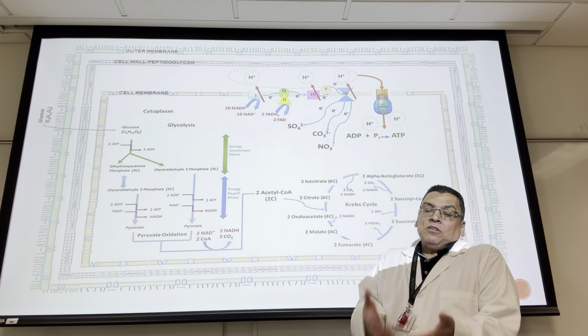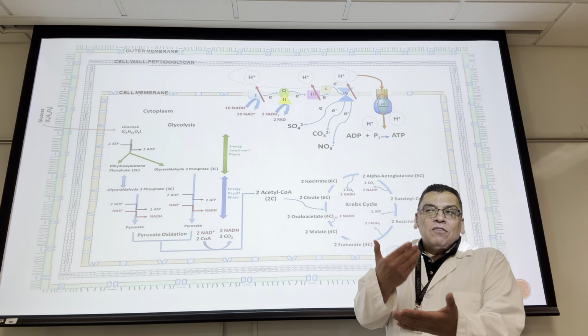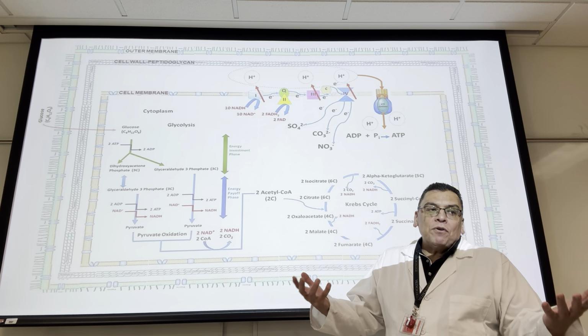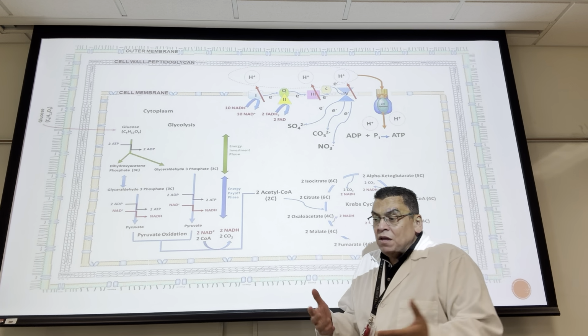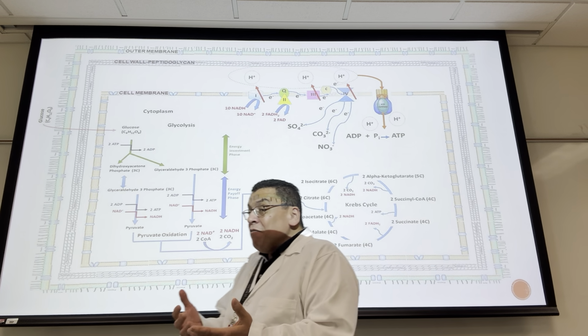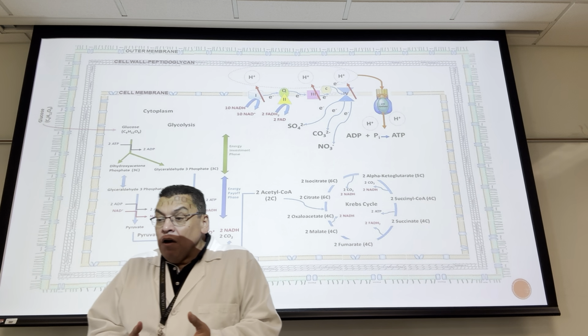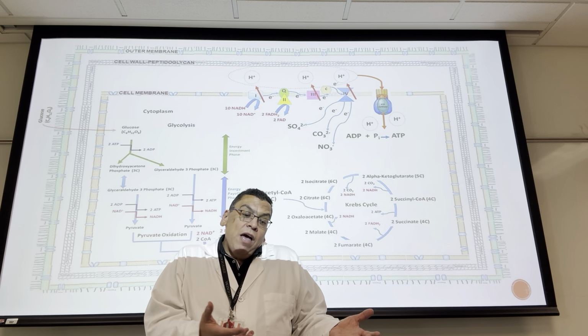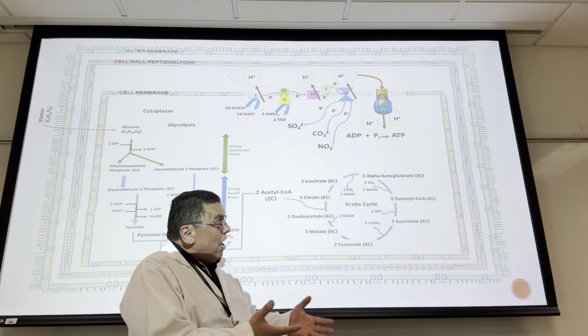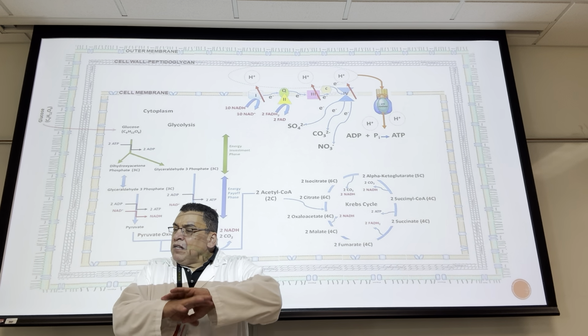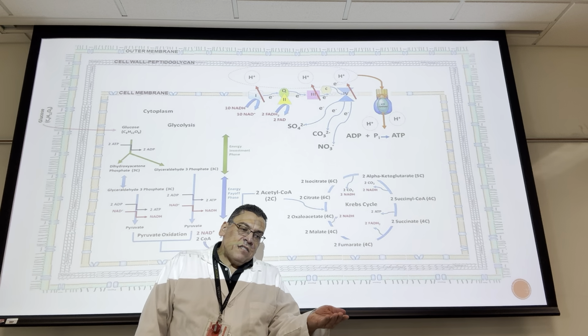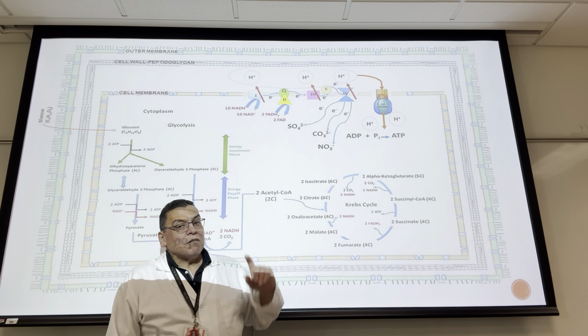If I have oxygen, that's what I'm going to use to make a maximum yield of 38 ATPs per glucose, because I'm more efficient with the oxygen. A facultative anaerobe can also say, well, I don't have oxygen. Do I have nitrate? Yeah. Then I'm going to do anaerobic cellular respiration. It'll be exactly the same event, except at the end it's not oxygen, it's nitrate.